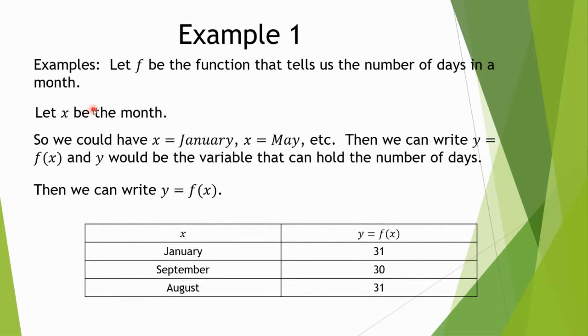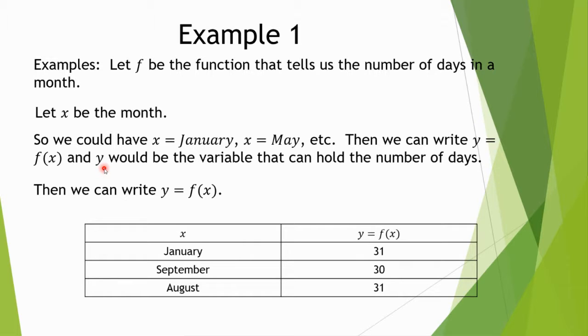So going back to our notation, x would be the month. So x could be January, February, May, and so on. And then y, which is f of x, is the variable that holds the number of days. In other words, y is the variable that holds our output.